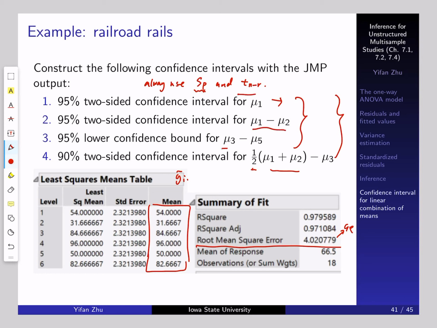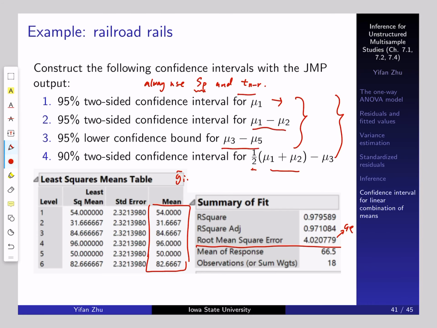And it's different from the 2 sample inference because in the one-way model, you always use the pooled sample standard deviation, and because you use it, you are estimating the standard deviation with the information you found in all the R groups. So you need to use a T distribution with n minus R degrees of freedom.